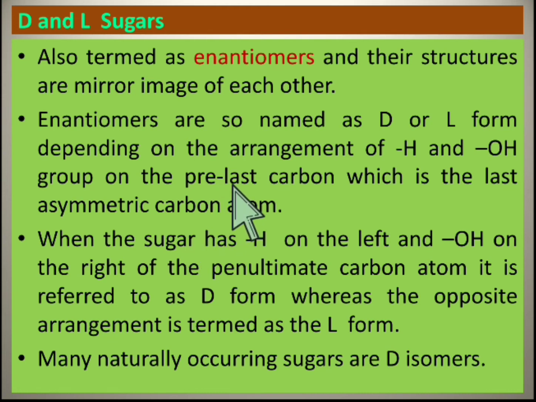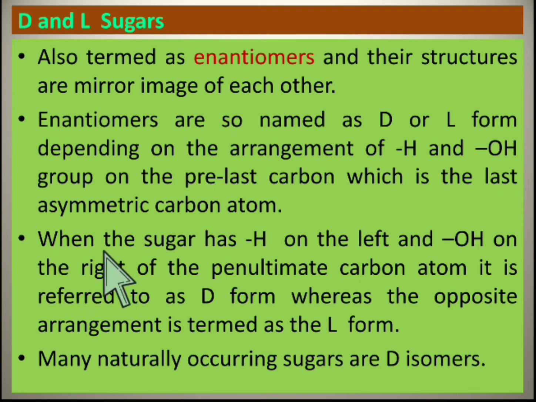Now, the pre-last carbon in a molecule, the pre-last chiral or asymmetric carbon atom, you have to refer to that particular carbon atom, and the arrangement of hydrogen and hydroxyl on it will be known as D or L form.